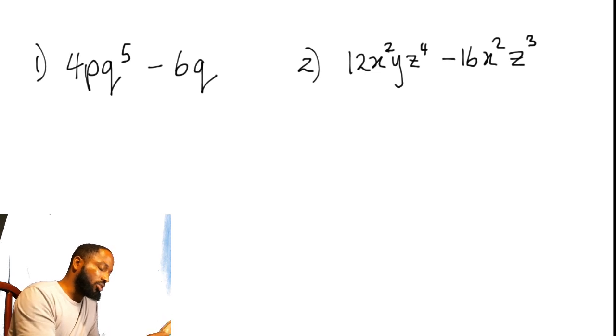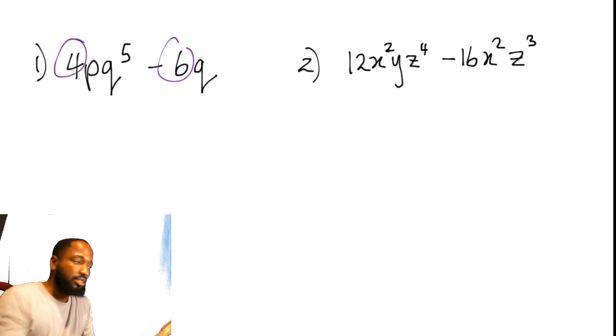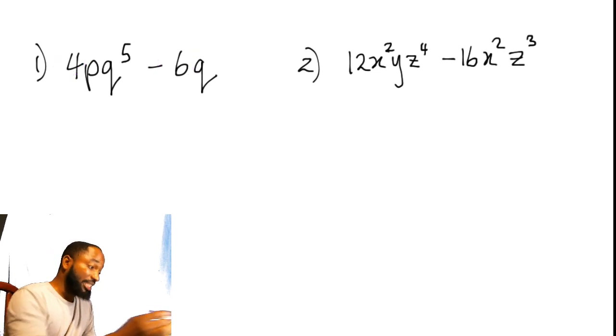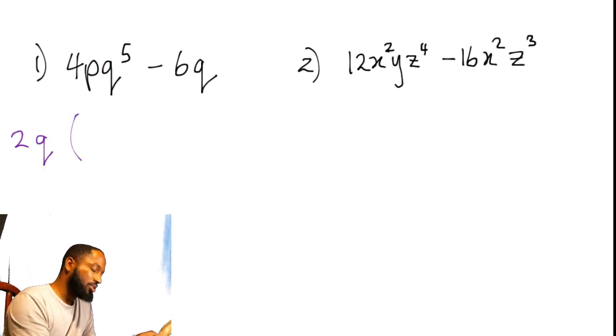What is the problem? So we're looking for what's common between 4 and 6 factors. What could go into 4 and could go into 6? The highest number is 2, right? So you pull out the 2. P, there's no P here, so I have to leave P alone. Q, there's a Q here, but there's only 1, so I can only pull out 1 Q. So now I need to get back 4, so I need a 2.